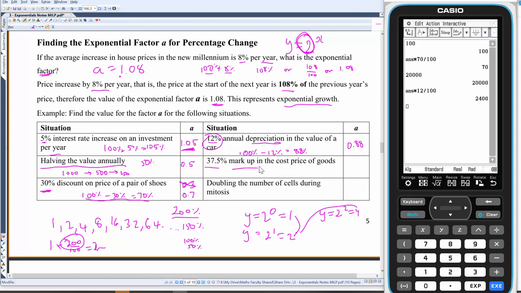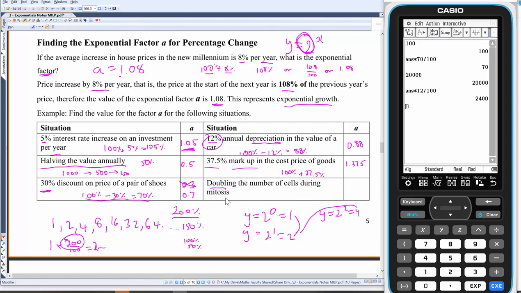But it's common for a business, when they sell something, to mark up the cost price of what they get the goods for, obviously to generate a profit. So if they're doing a 37.5% markup, they want to sell the item for all of, or 100% of, what they bought it for plus 37.5%, which represents 137.5%, or 1.375 as my exponential factor.